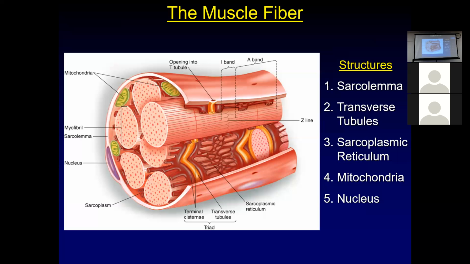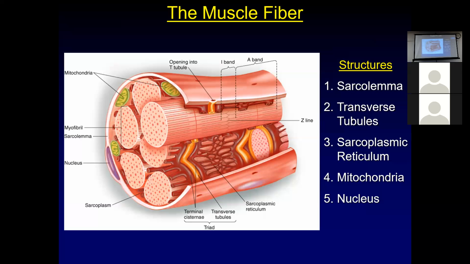Connected to the T-tubules on the inside of the cell is a network of storage sacs called the sarcoplasmic reticulum. Sarco, again, meaning muscle. These are sac-like or bag-like structures that surround all of the myofibrils, but they also have very close connections to the T-tubule.